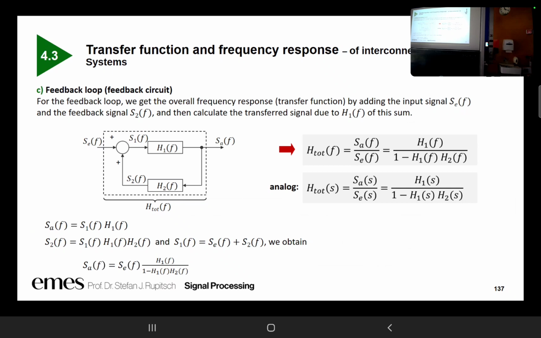And if we combine this, we obtain this result: SA is SE times H1 divided by 1 minus H1 times H2.